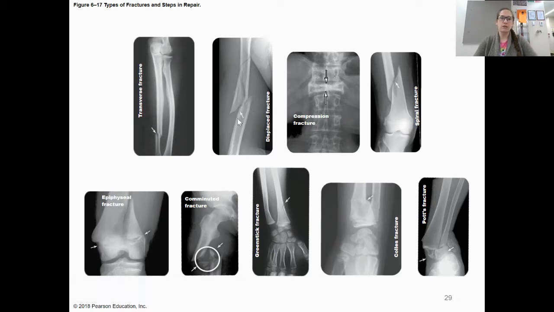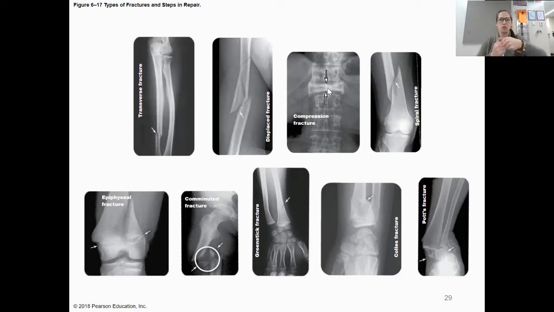Displaced fractures are another common type of fracture. Here you can see that instead of being in alignment, which would be non-displaced, the bone has fractured in two locations and this lower portion has become displaced out of alignment. And then we have another type of fracture that's called a compression fracture.